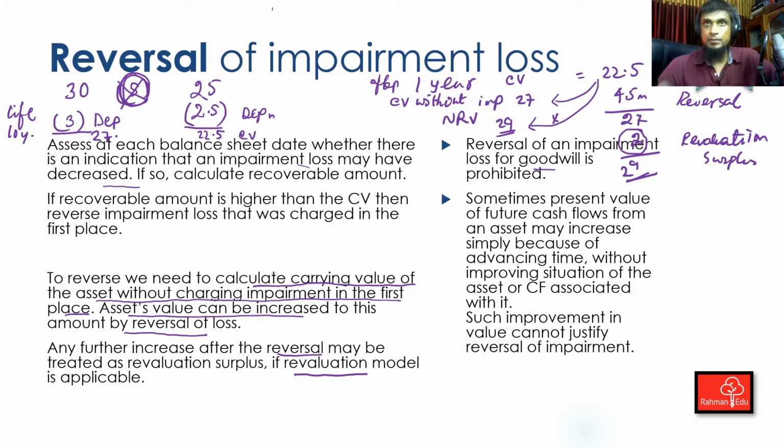Let me give you an example. Let me start a fresh page. 2020 January, 2020 June, or 1 July.